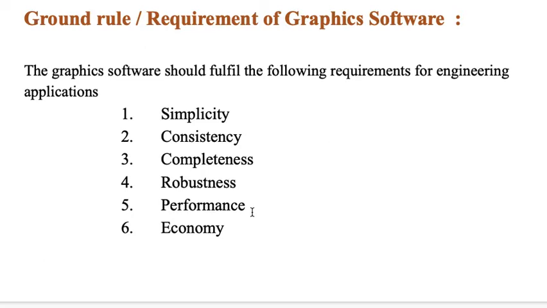The graphic program should be efficient and speed of response should be fast and consistent. And last is the economy. The graphics programs should not be so large or expensive as to make their use prohibitive, right?